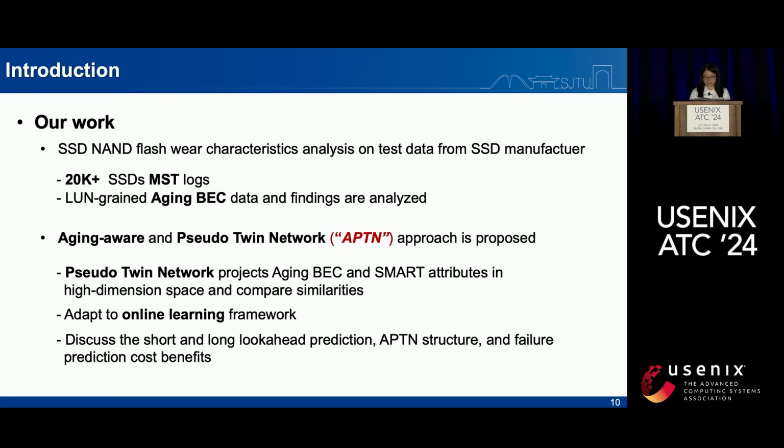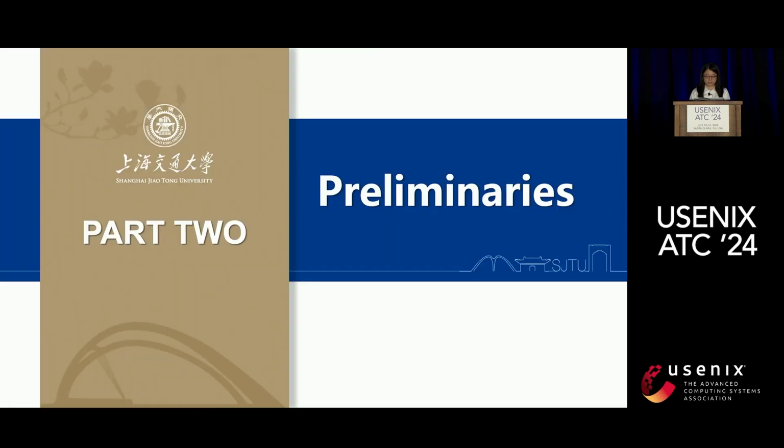We are the first to integrate SMART attributes and MST logs to achieve effective long-term failure prediction. Then we adapted it into an online learning framework for practical implementation. Finally, we conducted several experiments to evaluate the performance of our proposed approach.